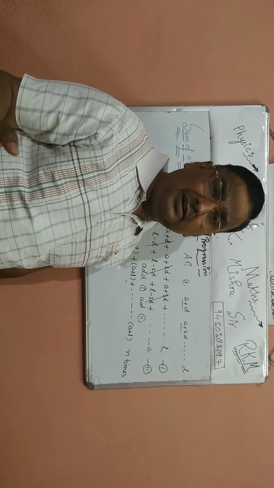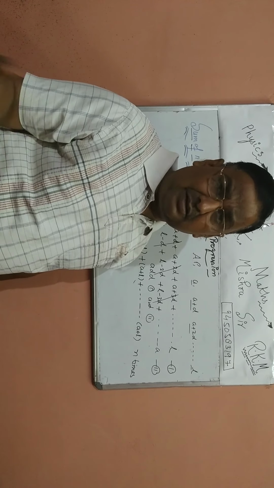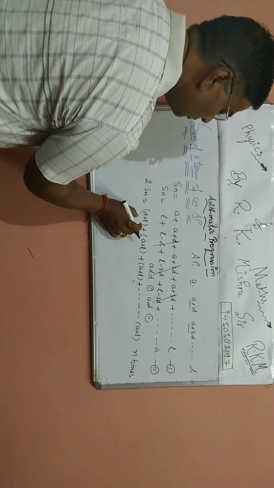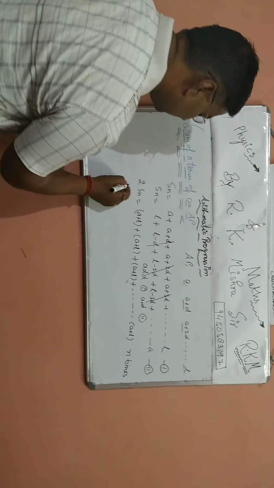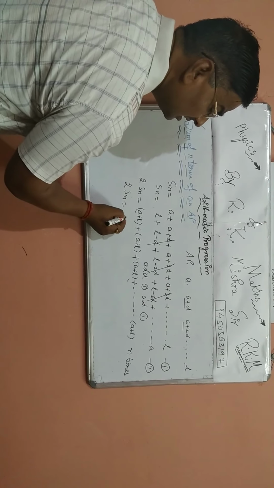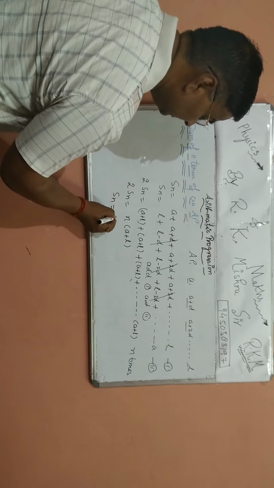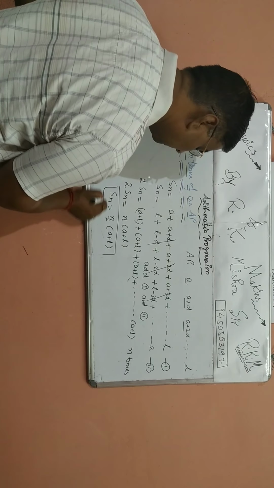If you want to add 3 times 2, that will be 6, you will multiply directly 2 into 3. So if you want to add (a plus l) n times, you can directly multiply n into (a plus l). So Sn is equal to n by 2 into (a plus l). That is the first formula.